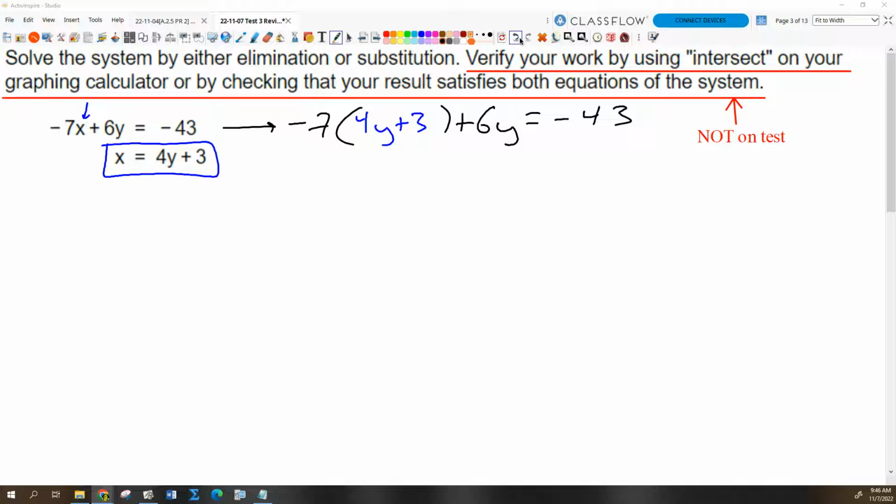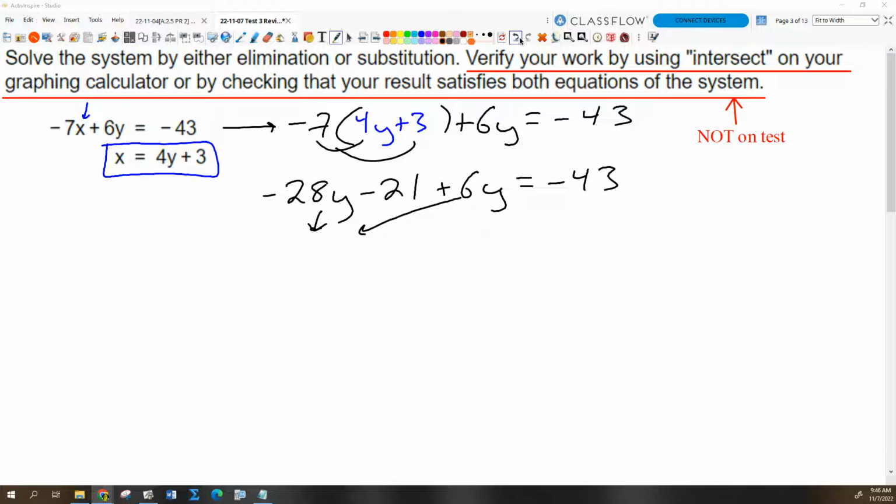Now I've only got y's in my equation, so I can simplify and solve for y. If I distribute the -7, I just get -28y minus 21 plus 6y equals -43. I could combine like terms. -28y plus 6y is going to give me what? -22y.